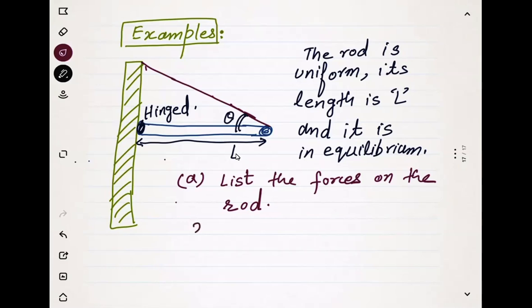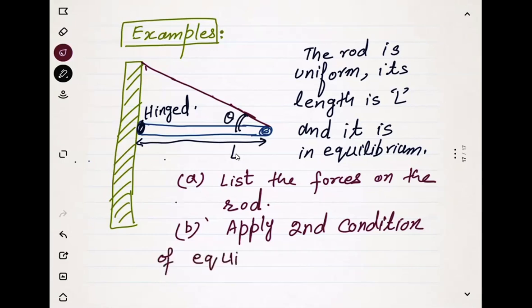The second question, the B part, is to apply the second condition of equilibrium to relate mg and the tension in the rope T. If you want to relate them, then apply the second condition of equilibrium.